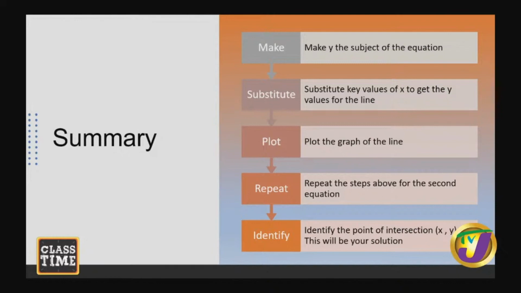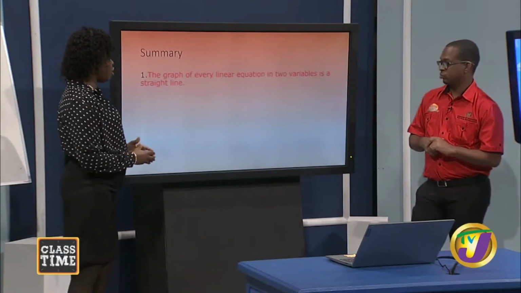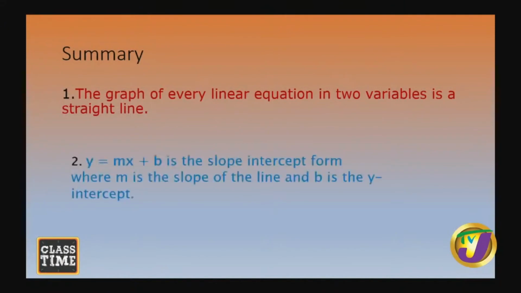We also notice that the graph of every linear equation in two variables is a straight line. Additionally, y equals mx plus b is the slope-intercept form, where m is the slope of the line and b is the y-intercept, where the y-axis is crossed by the graph.